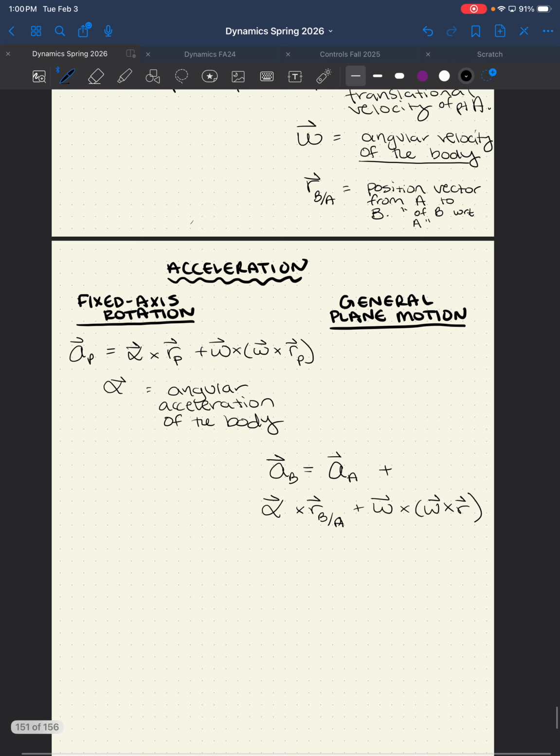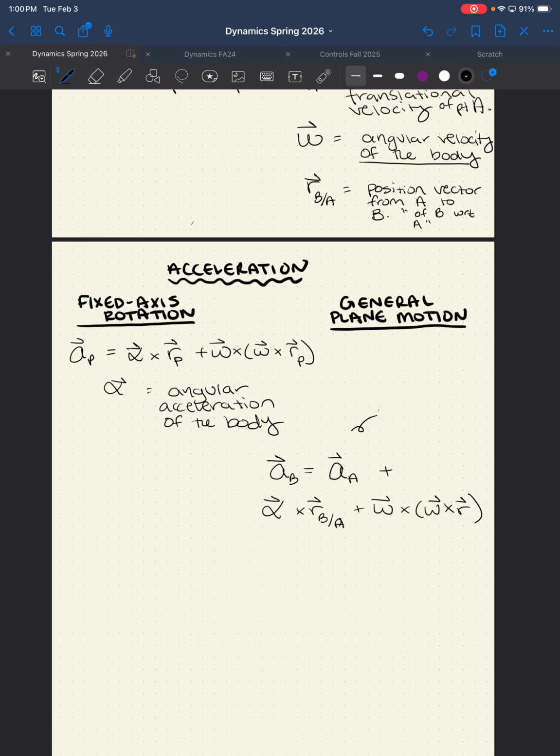Uh-oh. Okay, so this term here is the translation portion. And this whole nastiness looks exactly the same as our fixed axis rotation equation, so this is due to the rotation.